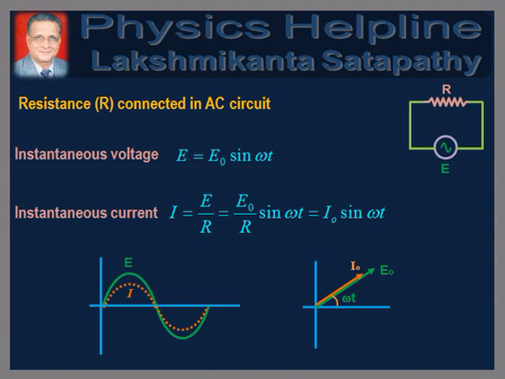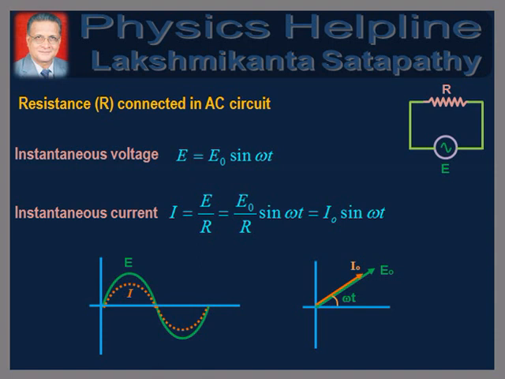From the equations for voltage and current, we understand that when omega t is equal to 0, both voltage and current are 0, and when omega t is equal to pi by 2, both attain their maximum values. Hence, we conclude that voltage and current are in phase in case of an AC circuit containing a resistance only.